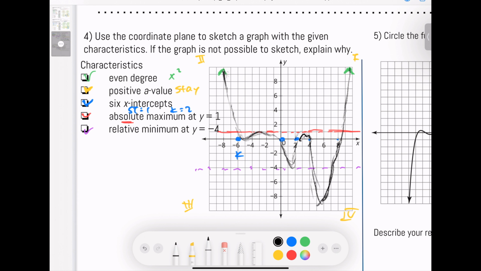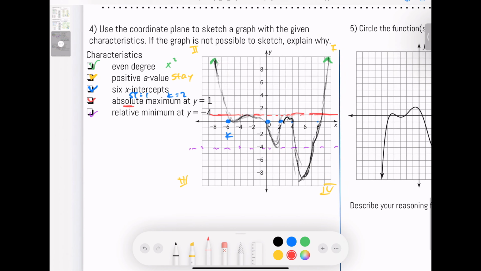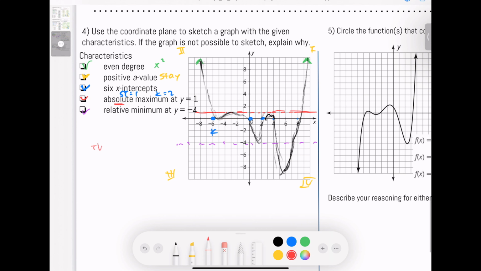So the big one I think is the absolute maximum at -1. So I'm going to write this graph is not possible, comma, because this is our great explanation word.